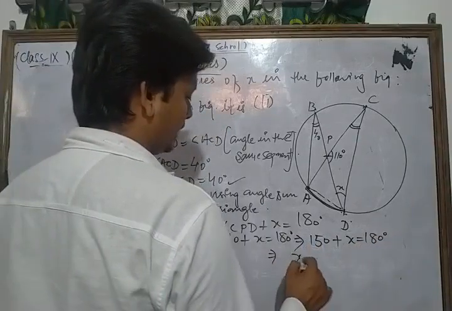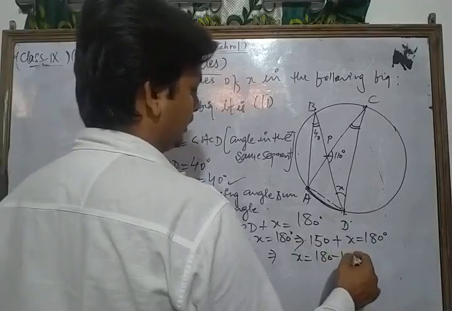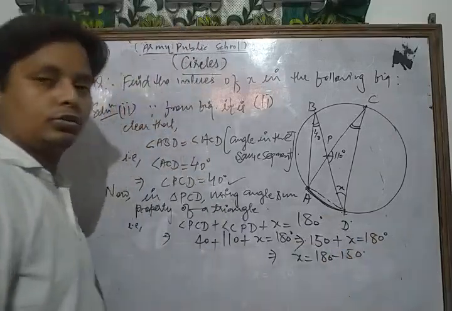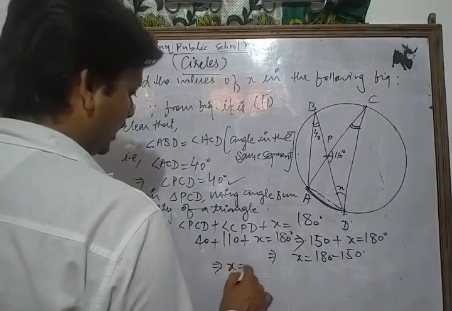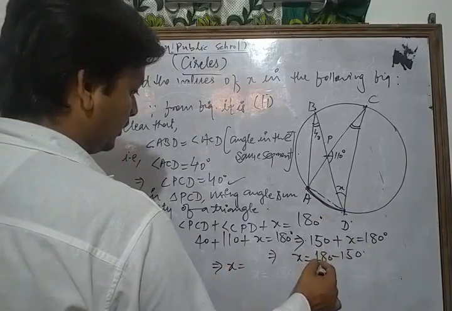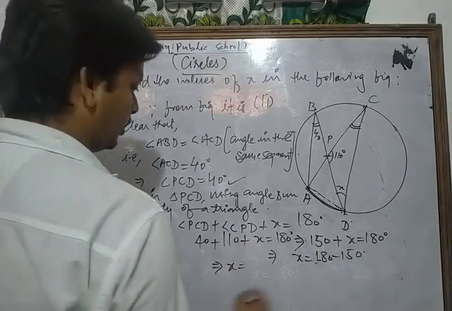So X is equal to 180 minus 150, transferring that side. So the value of X is 30 degrees.